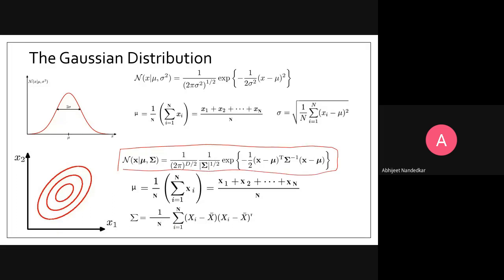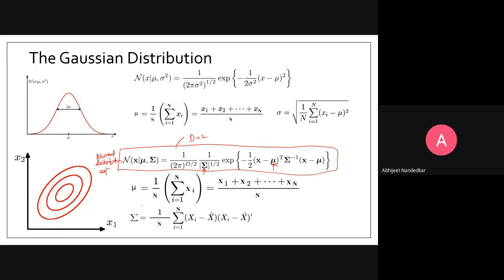This was the multivariate normal distribution equation. Everything is known here. This D is 2 in this case because we are solving a two-dimensional problem. Sigma is given to us for both classes, so this is known to us. Mu is also known to us, so there is nothing unknown in this situation, and we can proceed.